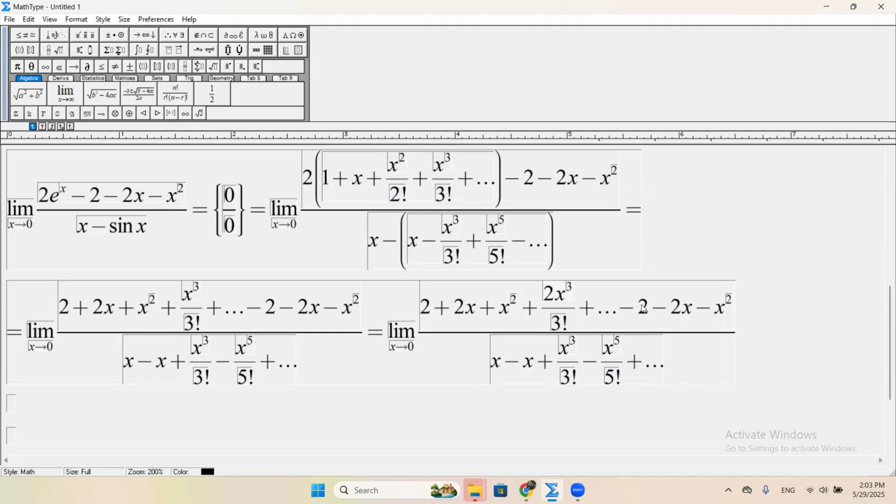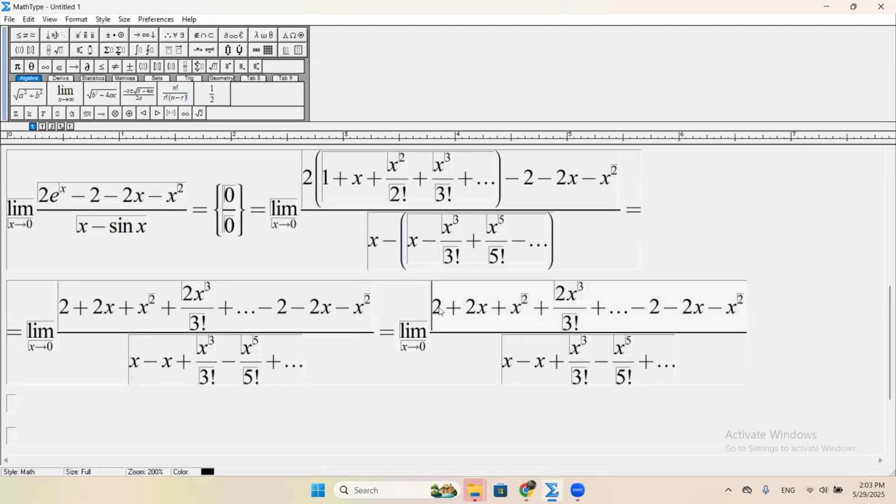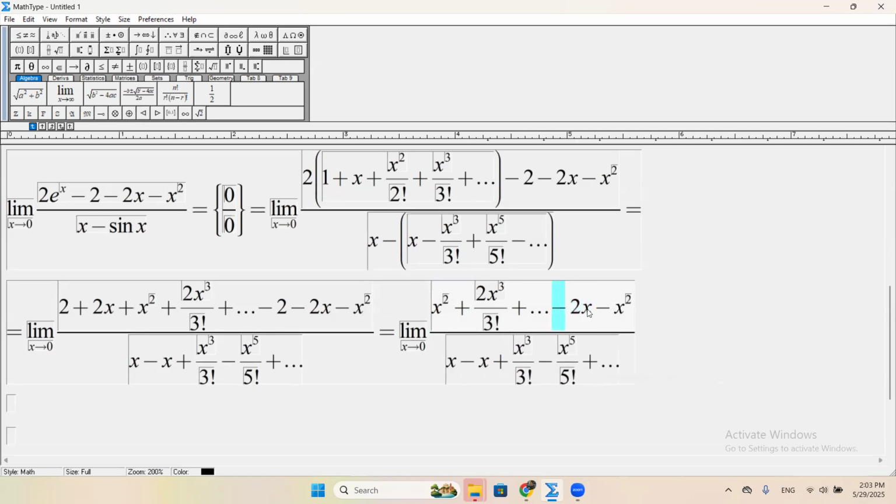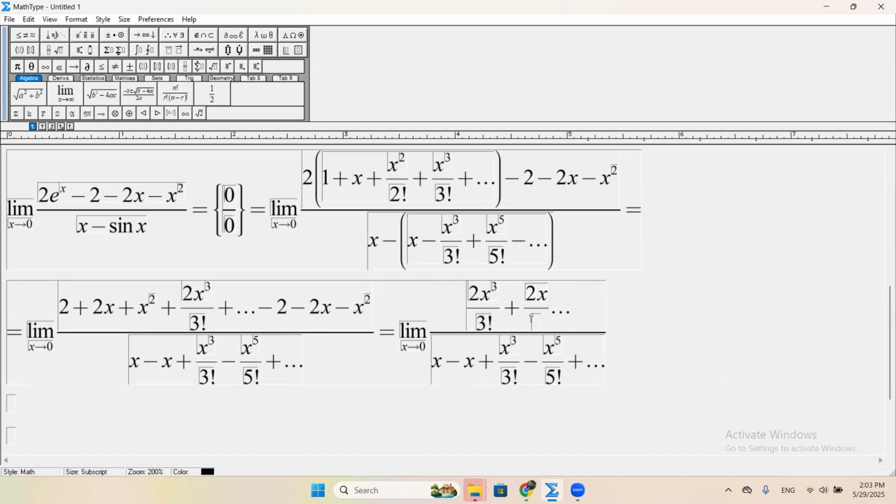So now, and 2 here. So eliminating 2, eliminating 2x, eliminating x square. I can even write down one more term, plus x to the power of 5 here and 5 factorial here.